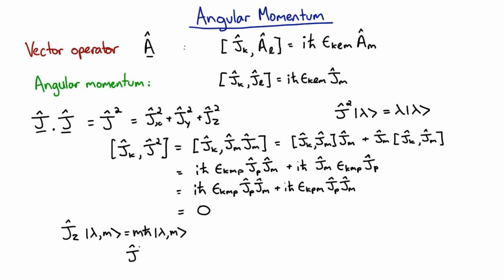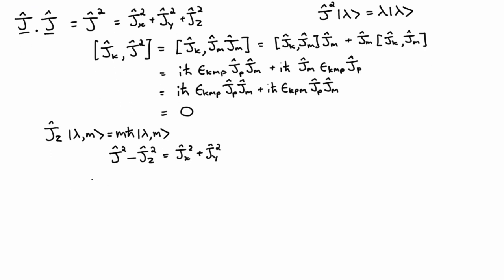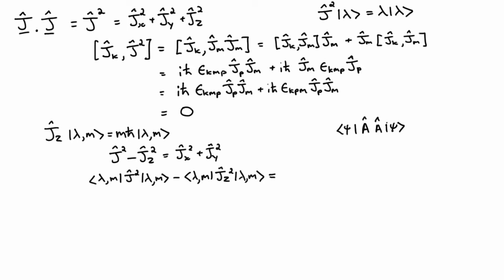So J squared minus Jz squared is, by definition, and if we take the expectation value with respect to these eigenstates on both sides, then on this side, because we take any square operator and take the expectation value of anything, then that is just the inner product of a state and itself, and therefore we've already shown that that must be greater than or equal to 0, so this is all greater than or equal to 0.